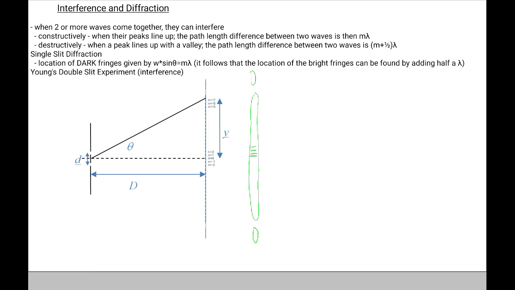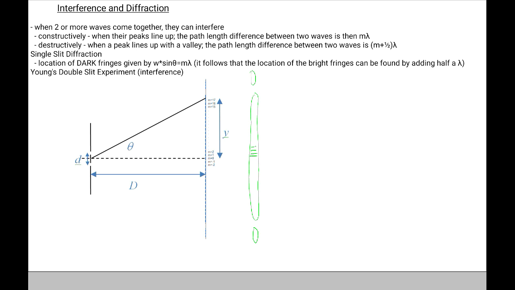Then we have a small dark fringe. Then we have another small m equals 1 bright fringe, followed by another dark fringe, and so on. So the blue lines here are bright interference fringes, and the spaces are the dark fringes. Now, this entire line here is what before, for the single slit diffraction, we had as the central bright fringe.